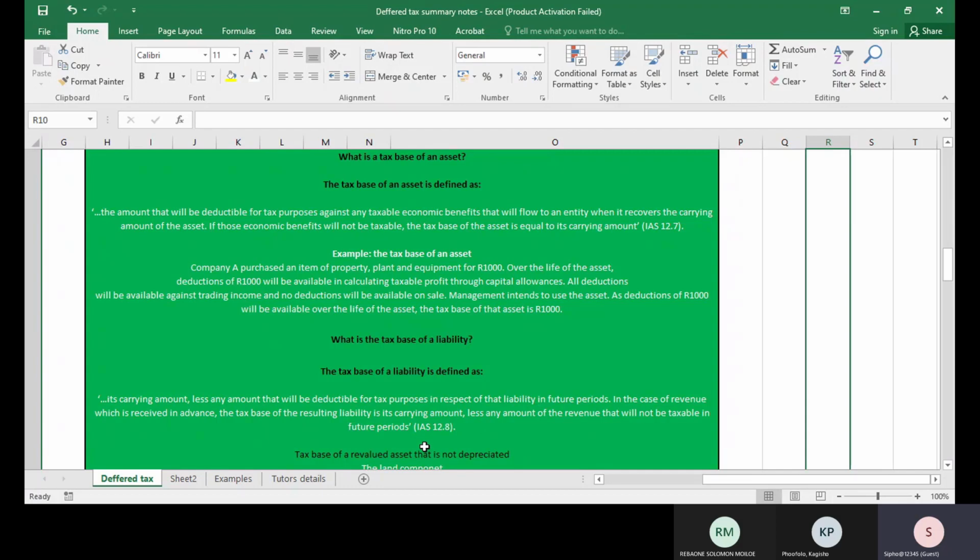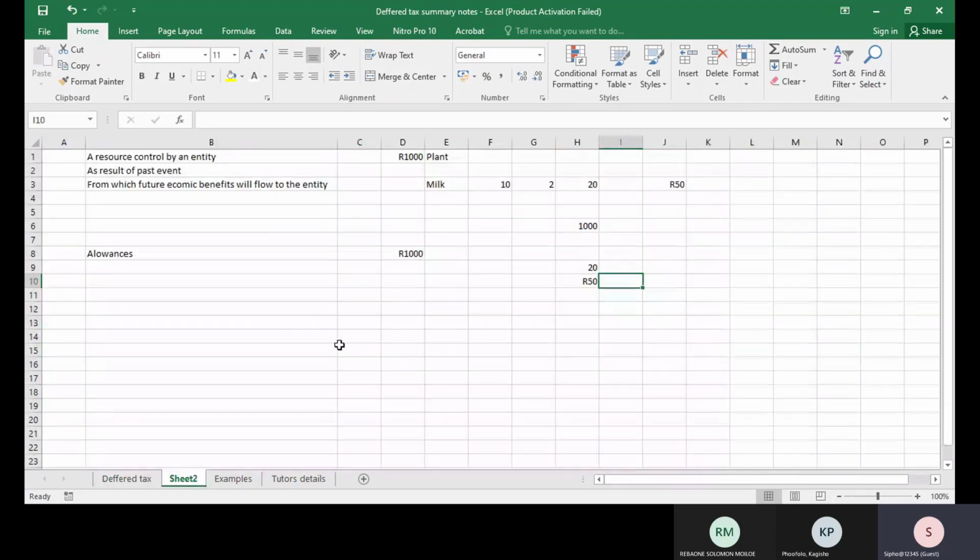So in this case, there are two types of examples that I need to make for you. Number one is for the ordinary liability, and the second one is for the revenue received in advance. So you need to understand both these tax bases. So now let's make an example.